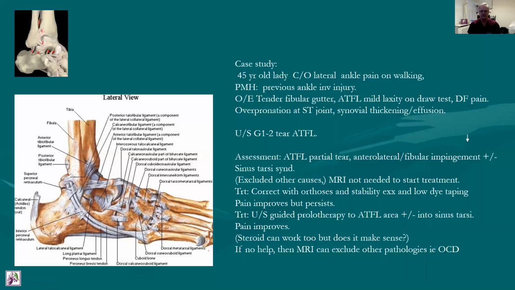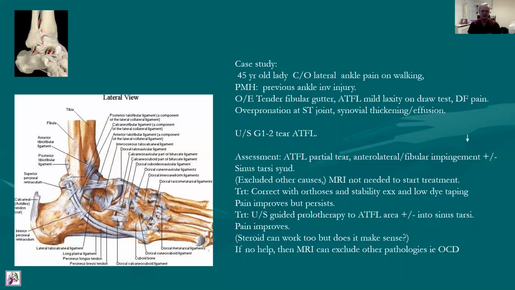This is when you would consider ultrasound guided or blind, anatomically guided prolotherapy, dextrose prolotherapy injections using 15% dextrose into the area of the ATFL injury and into the sinus tarsi if necessary, and the pain usually will improve.